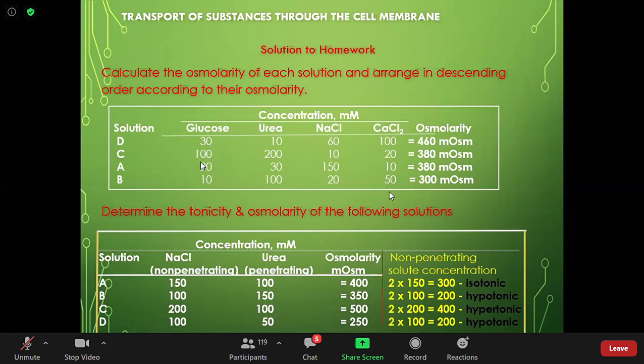Glucose is 30. Okay. 30. Urea is 10. Sodium chloride is 60.